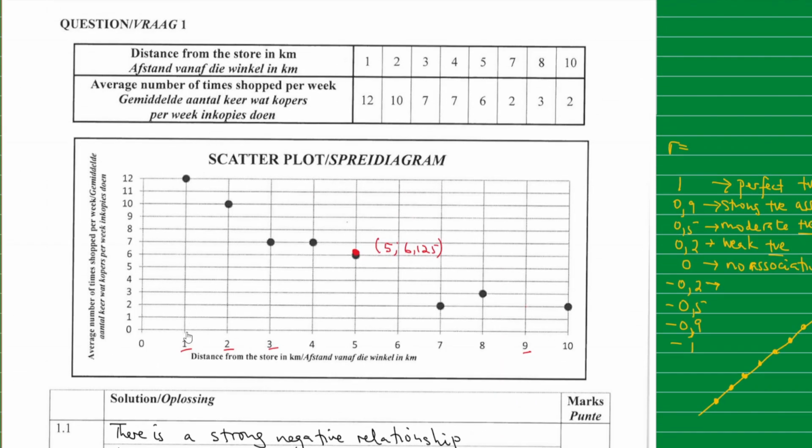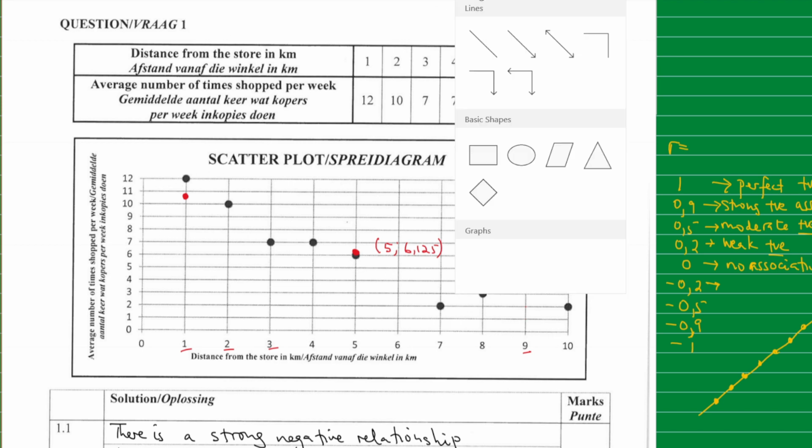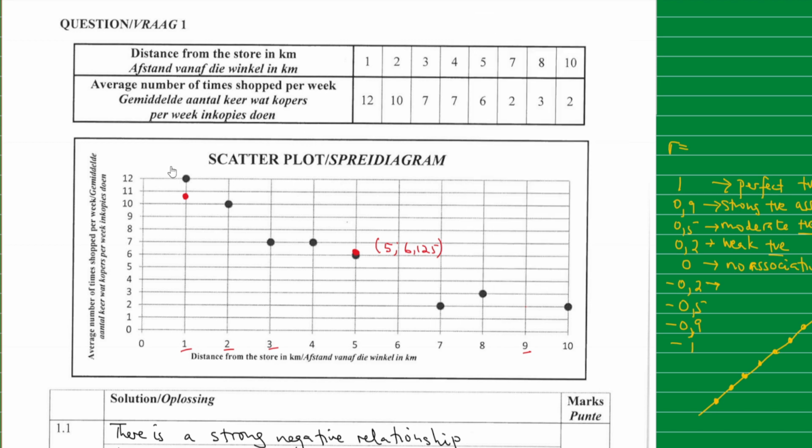So when it is 1 here, I'll go to 10.6, somewhere slightly above half there. Okay, so then what we do from there is to join those 2 points. So let's see if I can just connect a line here. So from here, or maybe I can just put it like that so that it passes through this point.